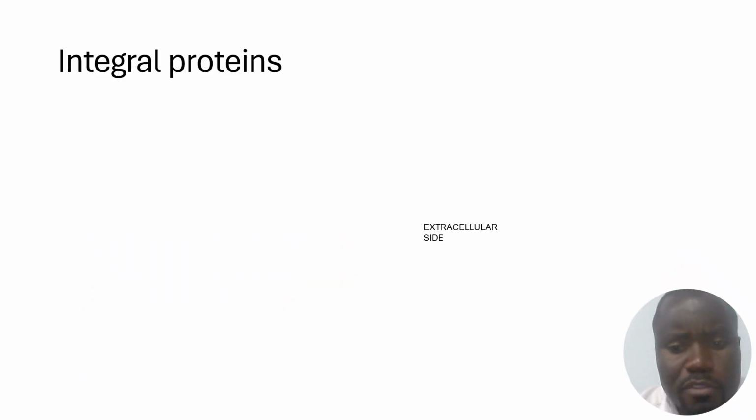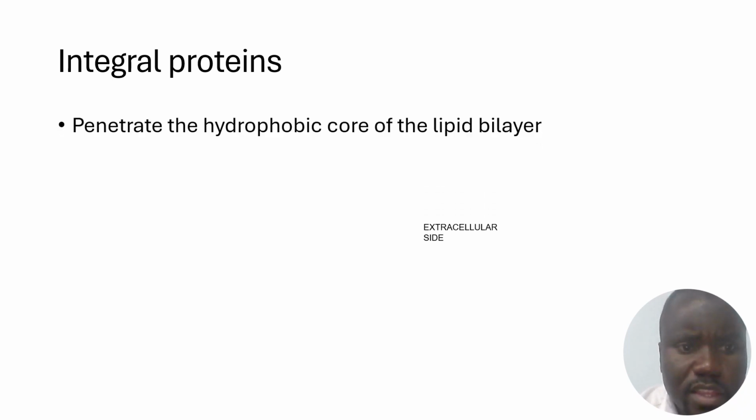And we can see in this structure where on the surfaces there are these proteins associated with the membrane. But we also have proteins that are called integral proteins, and they penetrate the hydrophobic core of the bilayer. They enter the interior of the bilayer, and they could be either partially embedded, meaning in one layer, or throughout both layers.